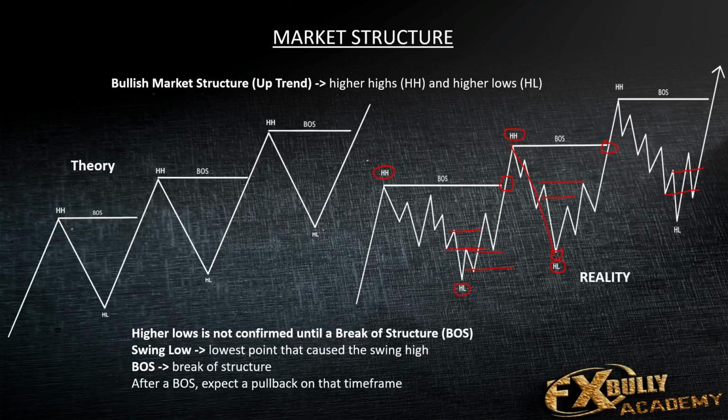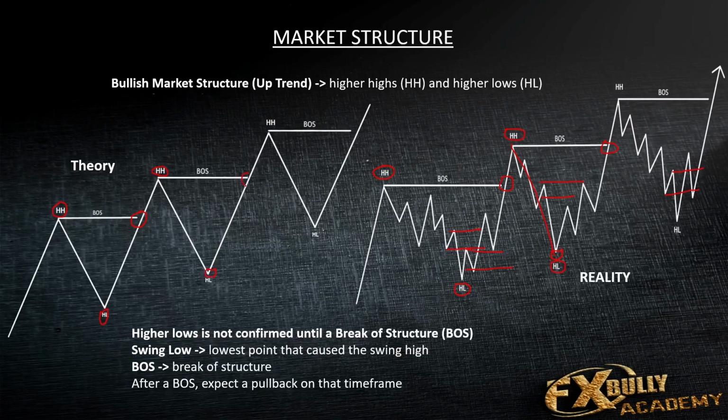Your bullish structure will make your higher highs and your higher lows. And then a higher low is confirmed only when a BOS, a break of structure, when a higher high is created. And then after a higher high is created, we expect a pullback after breaking the previous higher high, and then we make a new higher low.